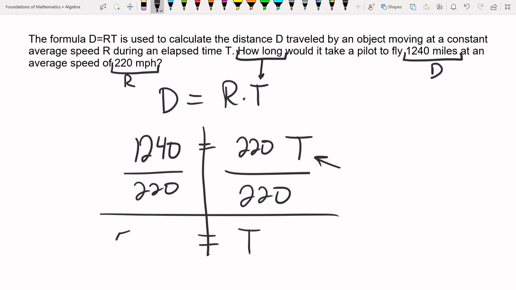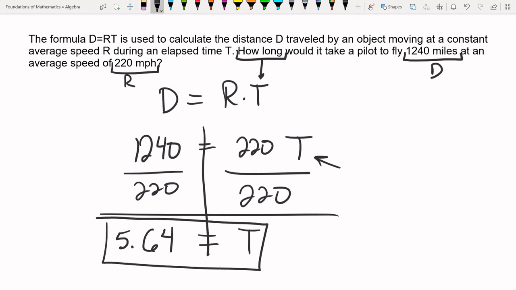That gives us 5.636363. I'm going to round to 2 decimal places. 5.64. And that's going to be in hours because we have miles and miles per hour. This will be in hours.